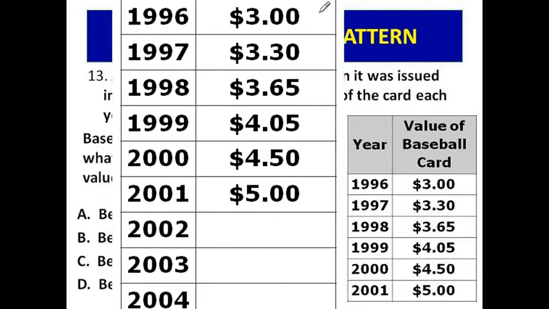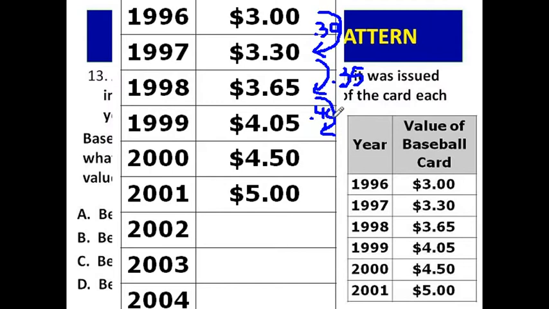So from this year to this year, this increased by 30 cents. From here to here, from 97 to 98, that increased by 35 cents. So let me write that in here. From here to here, that increased by 40 cents.